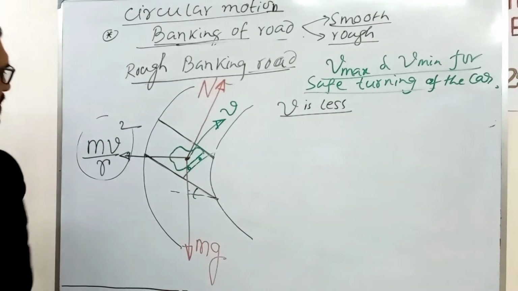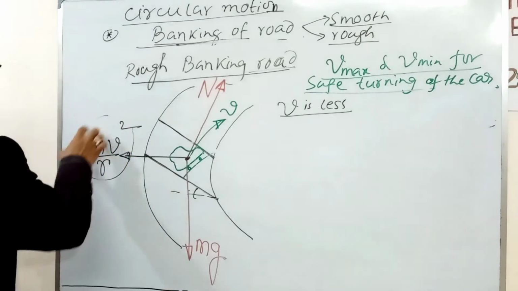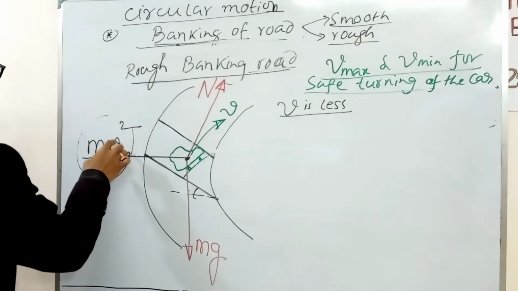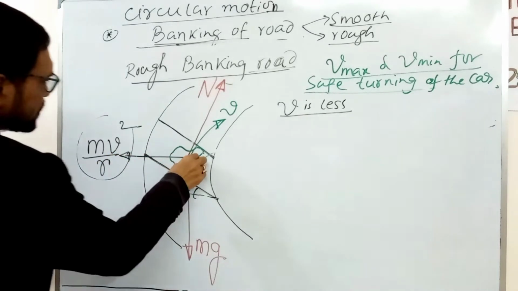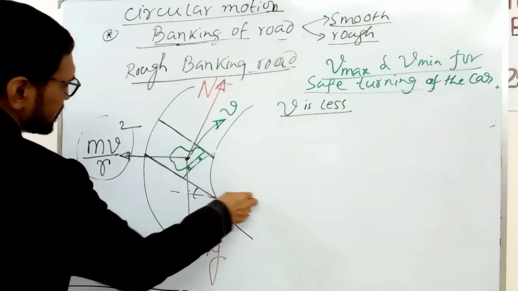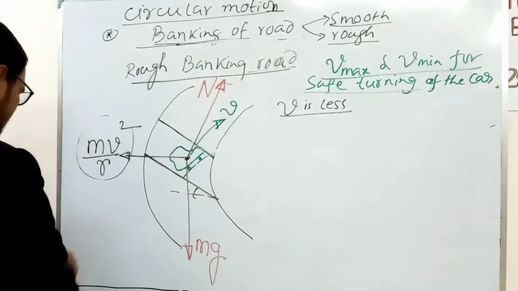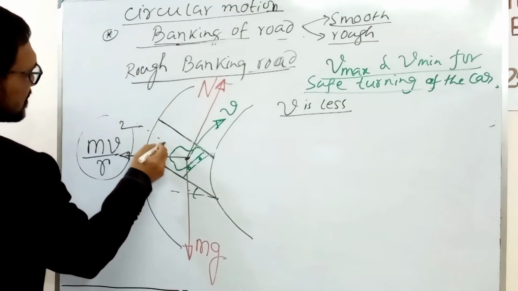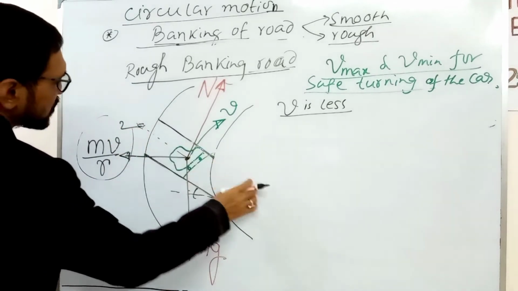So friction prevents the slipping of the car. Friction acts in the opposite direction and prevents the slipping of the car.